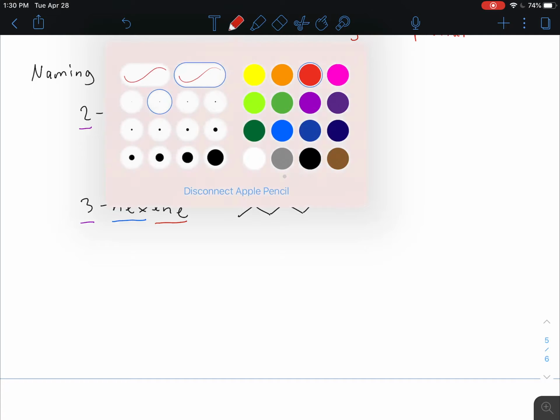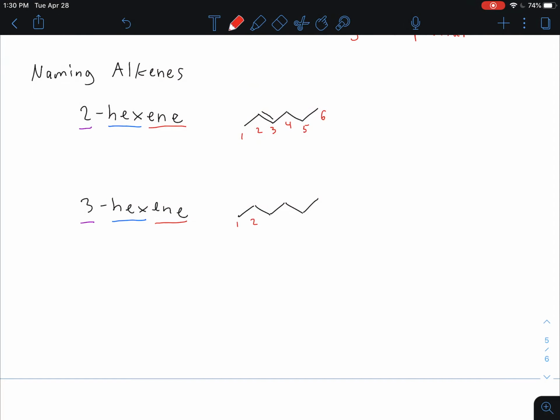So now here we go. 1, 2, 3, 4, 5, 6. And so now, if I number my carbons, 1, 2, 3, 4, 5, 6, 3-hexene means this double bond is between carbon 3 and carbon 4. So that's a distinction between those two structures. Let's do one more example of naming alkenes, and then we'll move on to molecules with triple bonds.